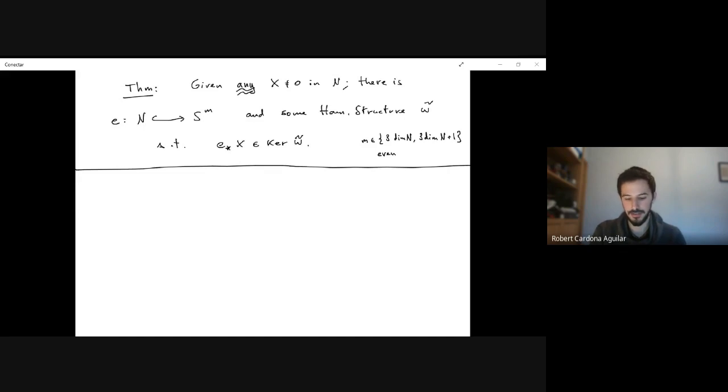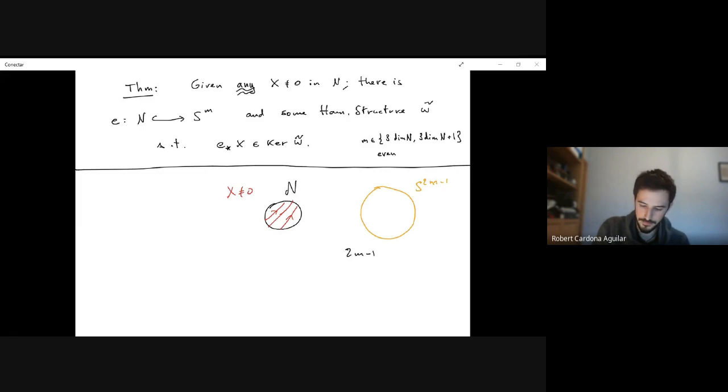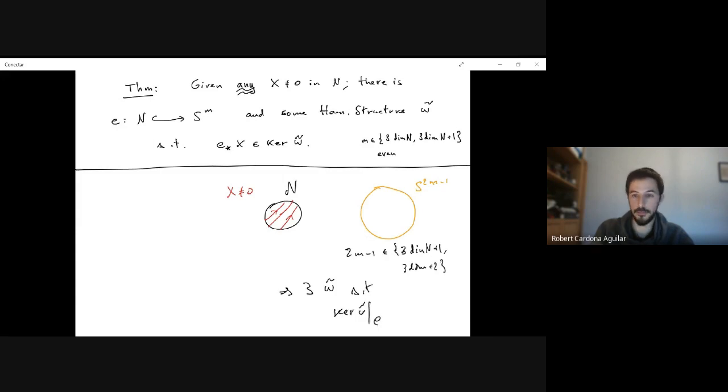Recall that it said that if you pick a sphere, some closed manifold N, and some vector field X without zeros, under the assumption that 2n minus 1 is in 3 dimension of n, plus 1, 3 dimension of n plus 2, there exists an omega tilde such that the kernel of omega tilde along some embedding of N coincides with X. Oh, sorry, this is a push forward. Okay. So this is the statement.